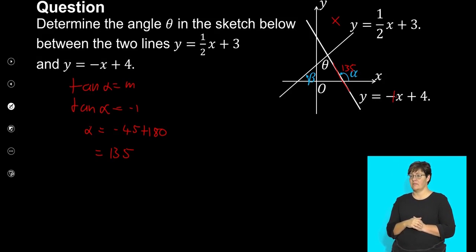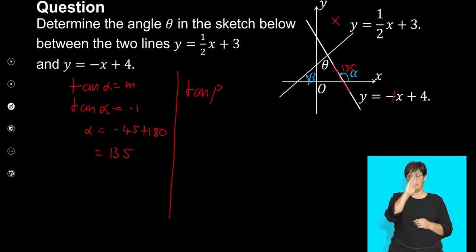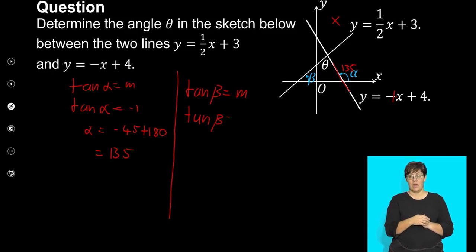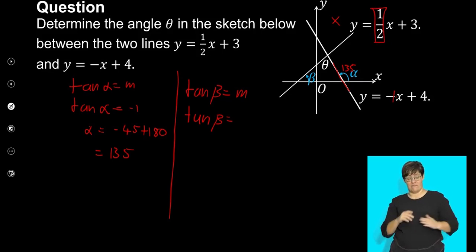Excellent. So let's look at beta. I know that beta is the angle of inclination of my line going up. And so I'm going to write tan beta is equal to m. This is the formula from the formula sheet for the angle of inclination. The gradient of the line going up is going to be the number that I'm multiplying x by, which in this case is a half.